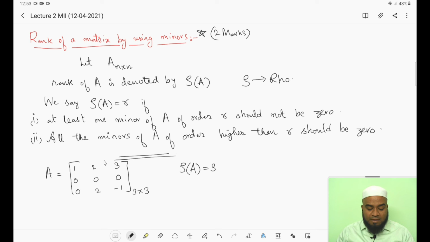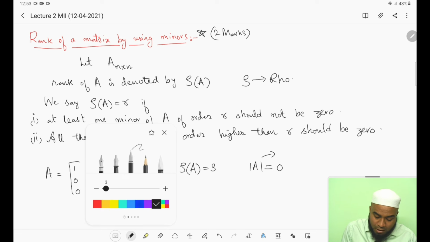What will be the third order minor for this matrix? The third order minor will be the determinant itself, because it's a 3 by 3 matrix. How to find the determinant for any given matrix? You already know this. Because one row is 0 in this matrix, the determinant will be 0. So we are getting determinant of A equal to 0. That is actually a third order minor.